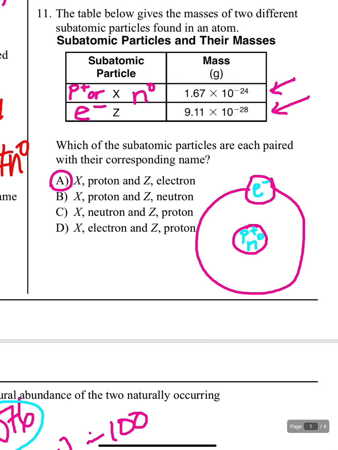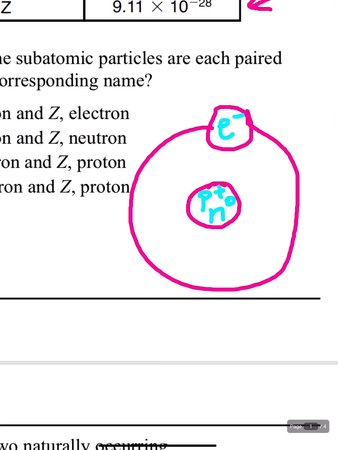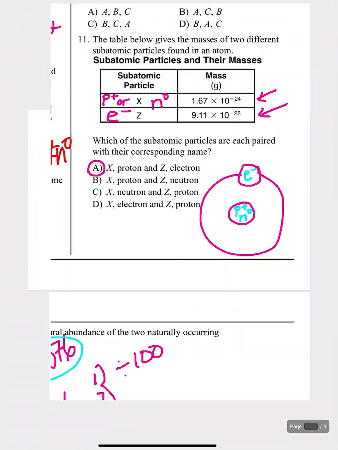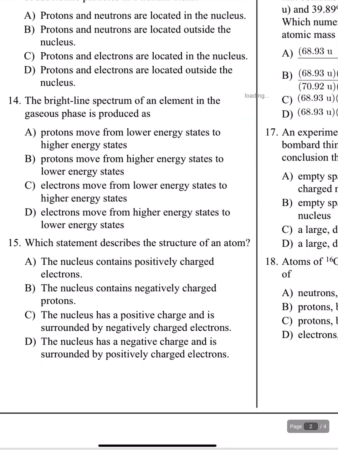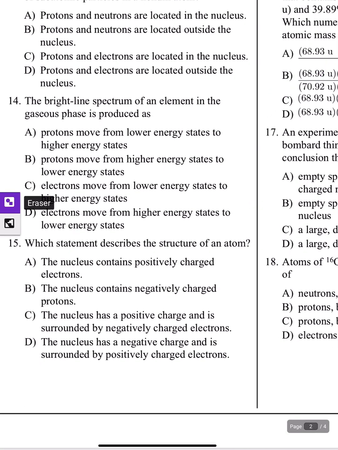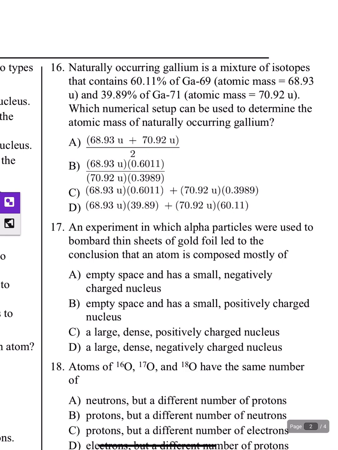So that means for 15, the nucleus must have a positive charge and it is surrounded by negatively charged electrons. So that one would be C. 16. This is very similar to the one that we just did, number 12.